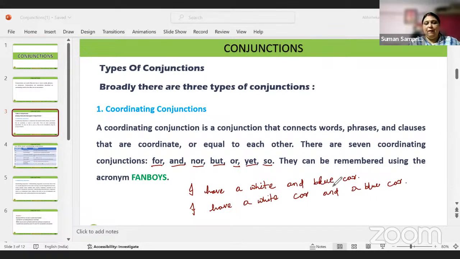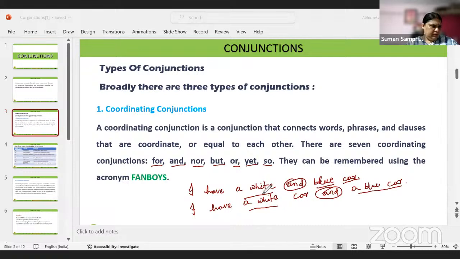When I say I have a white and blue car, it means I have one car that has both colors on it. And when I say I have a white car and a blue car, I have two cars. What is important here is the word that connects them both. That means both parts are equal to each other, and both are important to construct the sentence.